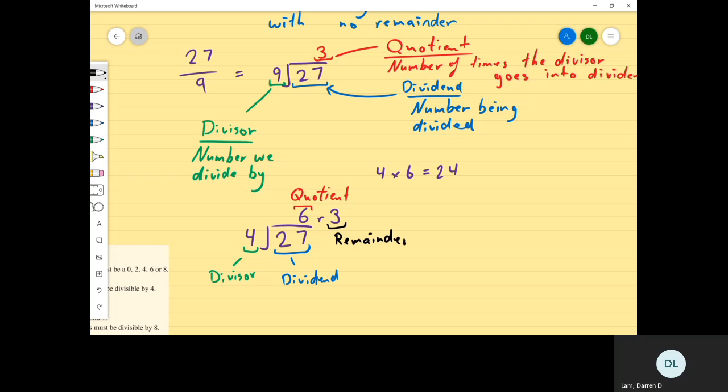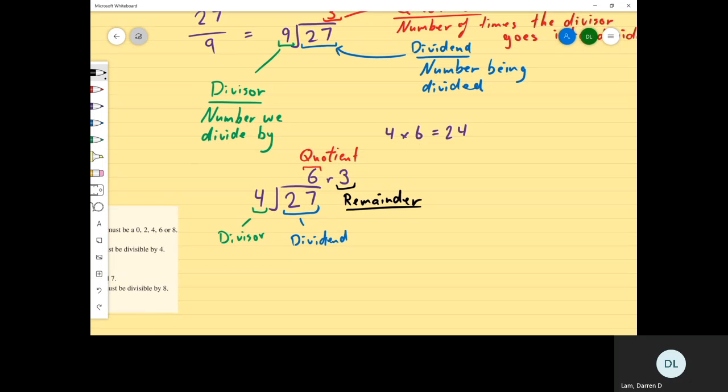My remainder is the number left over. Perfect. So we have our quotient, a divisor, a dividend, and our remainder. So those are our key terms when we're actually working with dividing numbers.